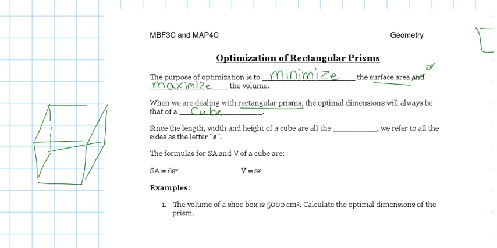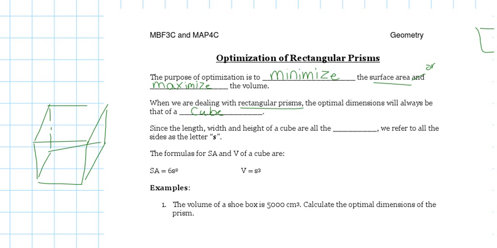What would be the area of one face? S squared, right? S times S gives me S squared. 6 of them. What's my surface area? 6S squared.